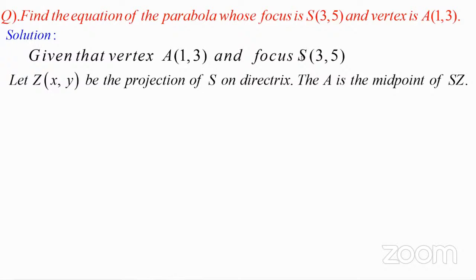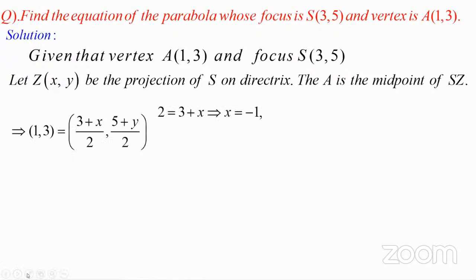the projection of S on the directrix. A is the midpoint of SZ, which means it looks like this. This is the axis, this is the parabola, and this is the directrix line.